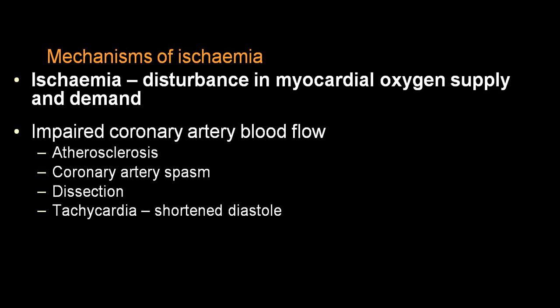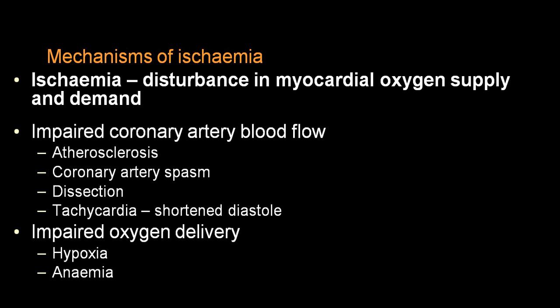We have already told you about atherosclerosis, coronary artery spasm, etc. In some conditions, there is a dissection of a coronary artery, secondary to stress or infections. There is also decreased blood supply because of a short diastolic period in a person who develops severe tachycardia or tachyarrhythmias.